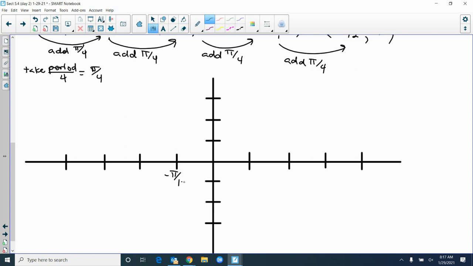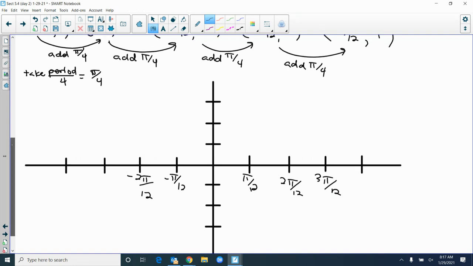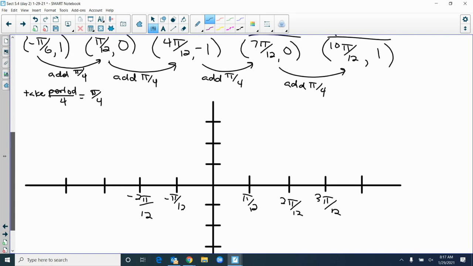Negative pi over 12, negative 2 pi over 12, and then this would be pi over 12, then 2 pi over 12, 3 pi over 12. What would I have to go all the way over to? 10. So it would be a correct scale, but not a great scale, because I've got to go all the way over here to 10.